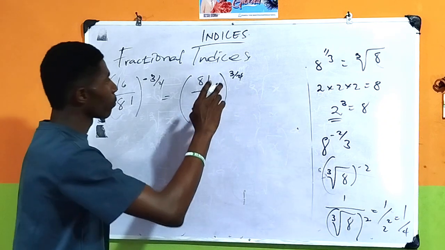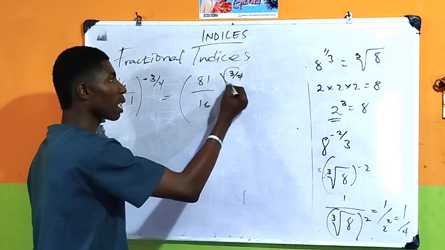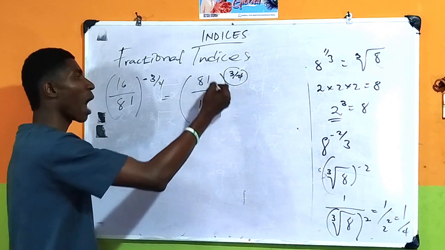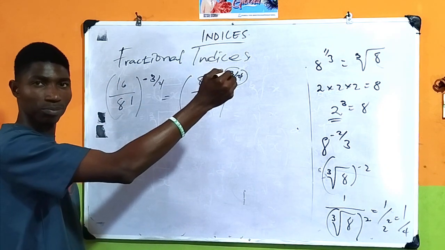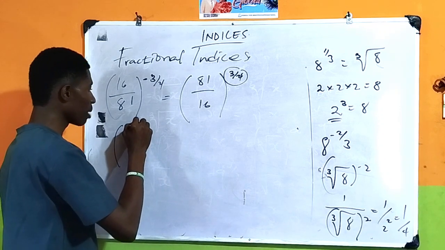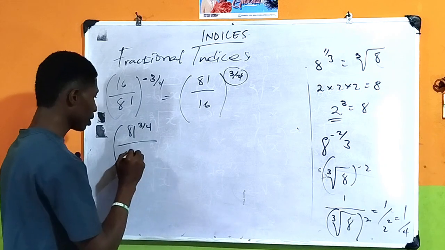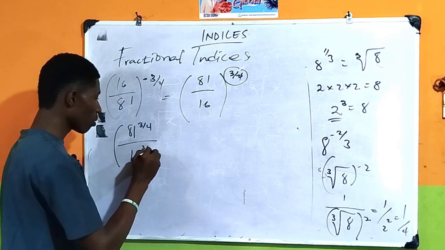Now, from the power rule, I'm going to use this outer power to multiply each of the powers inside the bracket. So I have 81 power 3 over 4 over 16 power 3 over 4.